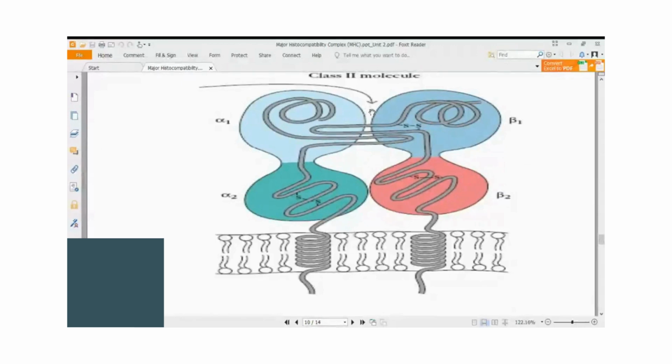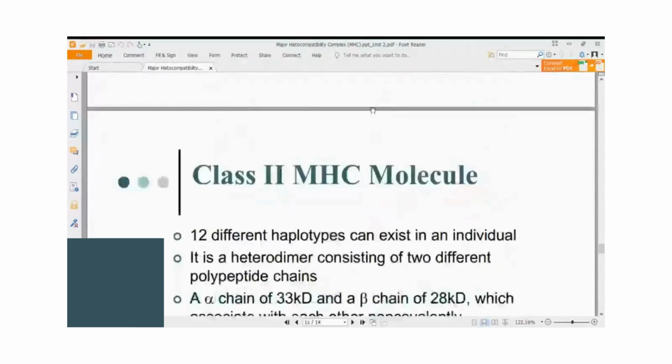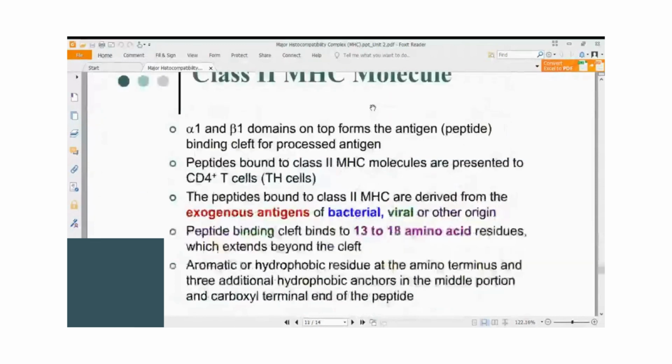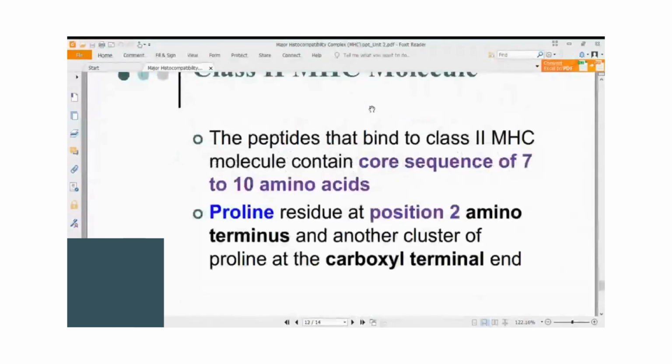And what is the specialty? These peptides are of about 13 to 18 amino acid residues, larger peptides compared to the peptides that are bound in class 1 MHC. And of the 13 to 18 amino acid residues, they have anchor residues made up of the proline or hydroxyproline residues.